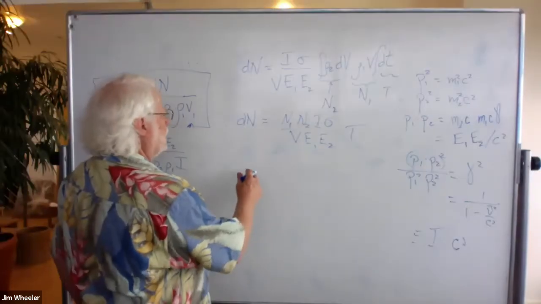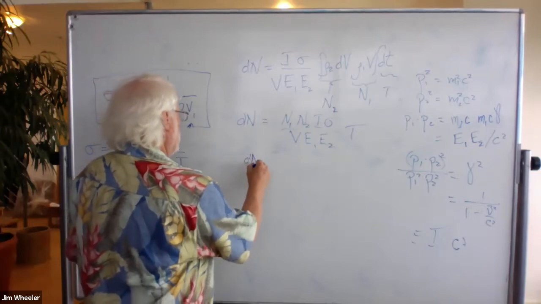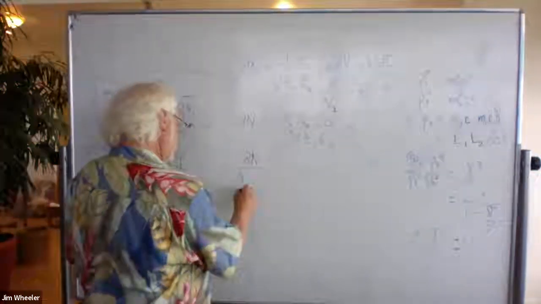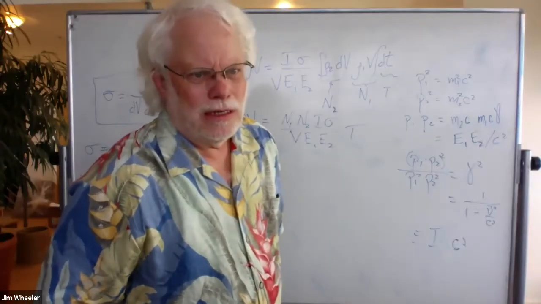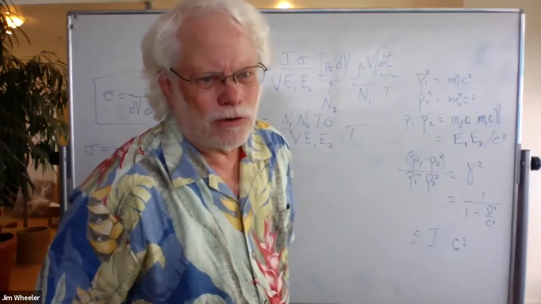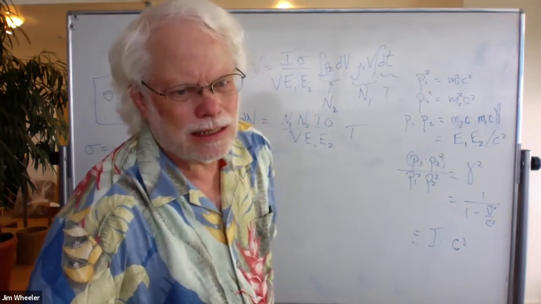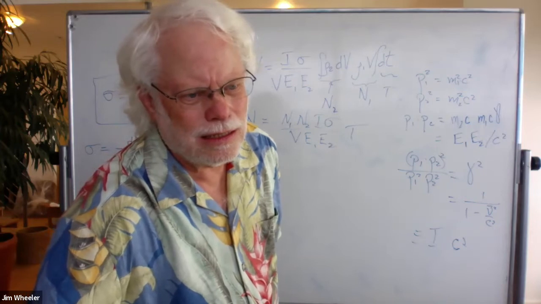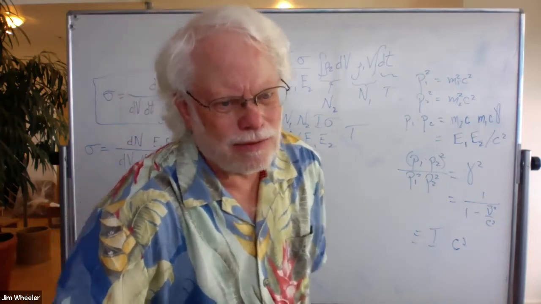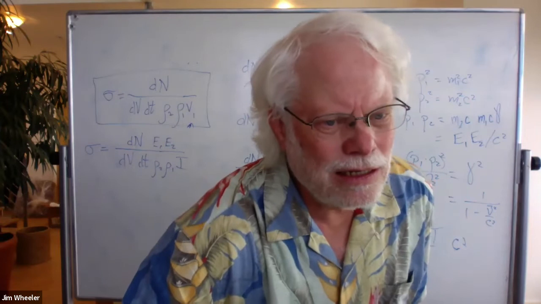Okay, so now the number per unit incident particle, per unit target particle, per unit time. Let's see. If I think I want to divide by the time here, don't I?